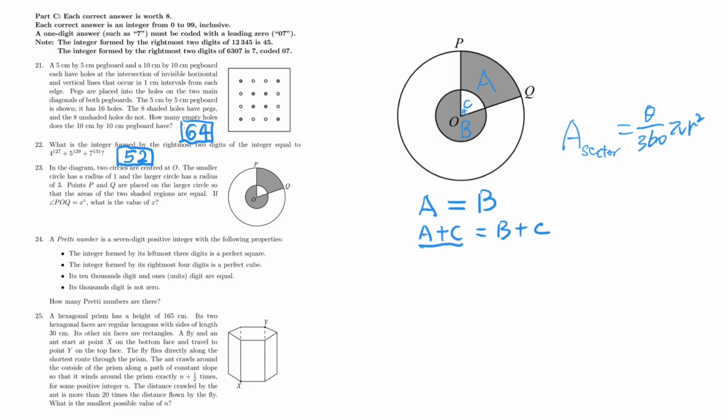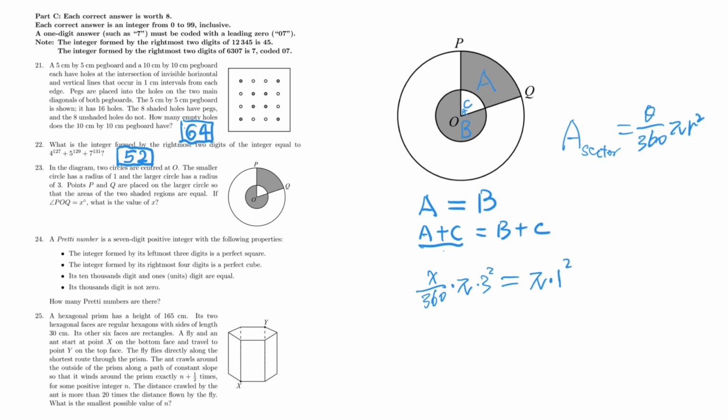So A plus C, the sector area, is x over 360 times pi r squared. The larger circle has radius 3, so times 3 squared, equals B plus C, which is the smaller circle. So the smaller circle is pi r squared. The smaller circle radius is 1.